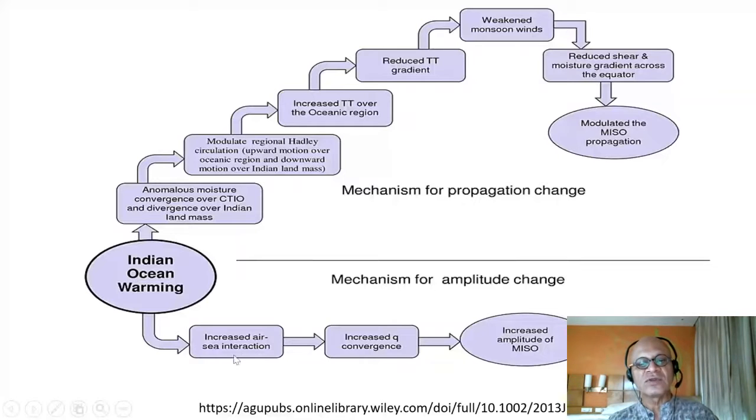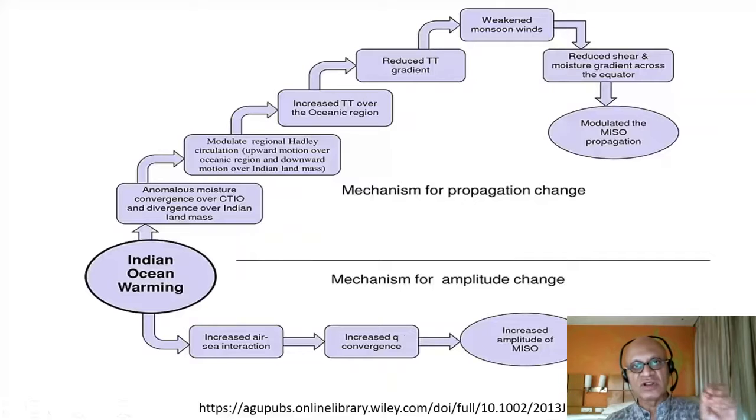So that led to increased air-sea interactions, increased moisture convergence, which would determine the amplitude of MISOs, and increased amplitude of MISOs in fact did correspond to increased moisture convergence.